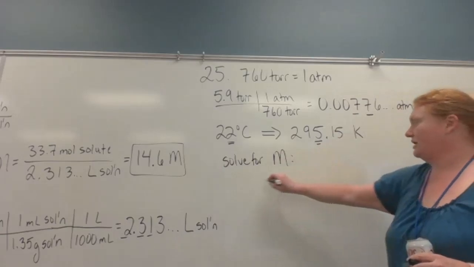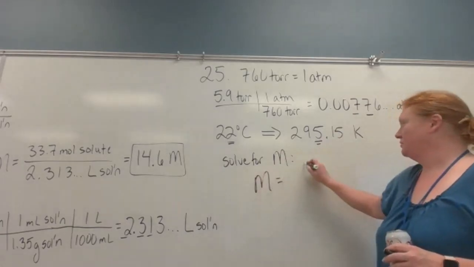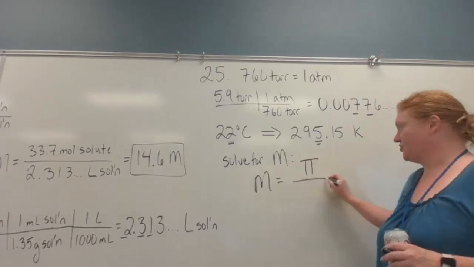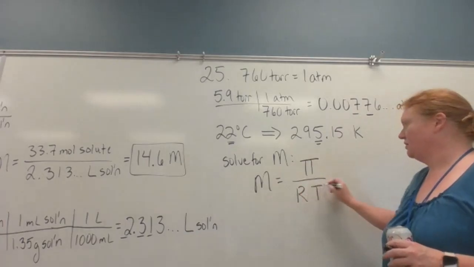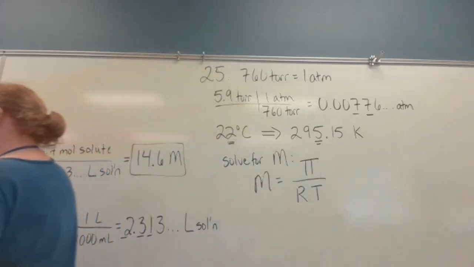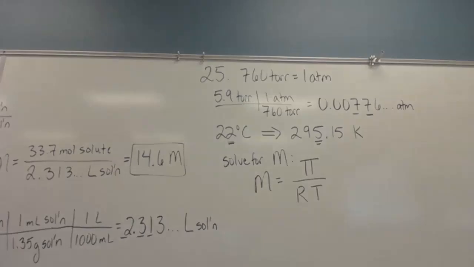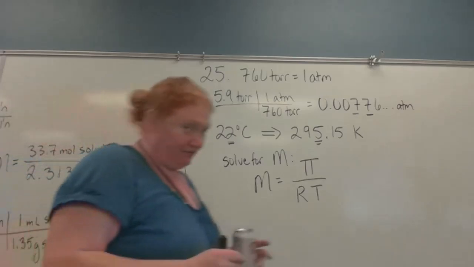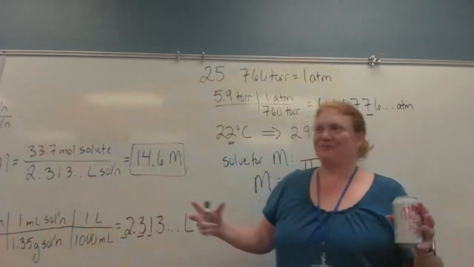So we're going to solve for our molarity, taking the osmotic pressure divided by, what about i here? It is absolutely 1. Hemoglobin, while it does have iron in it, is not an ionic compound.